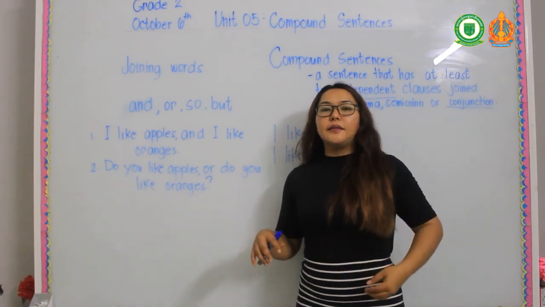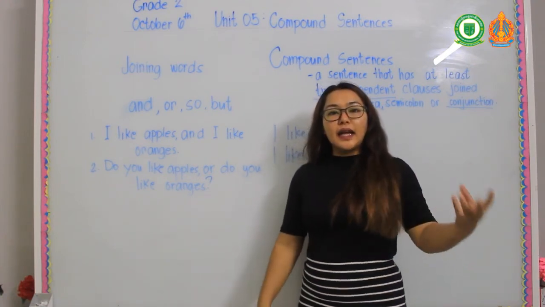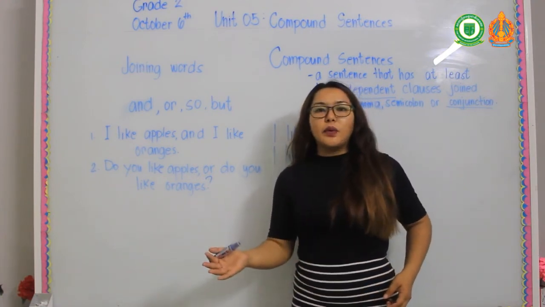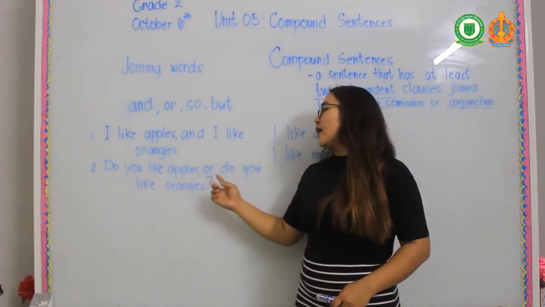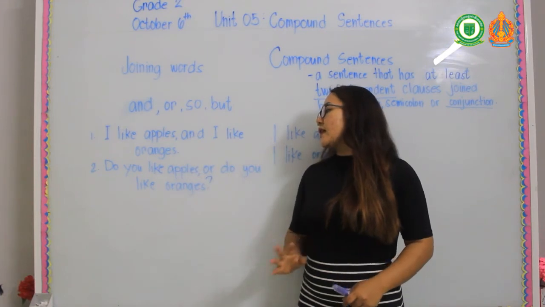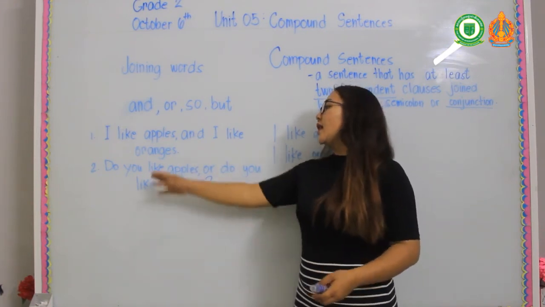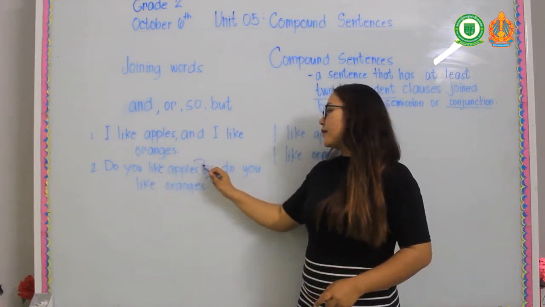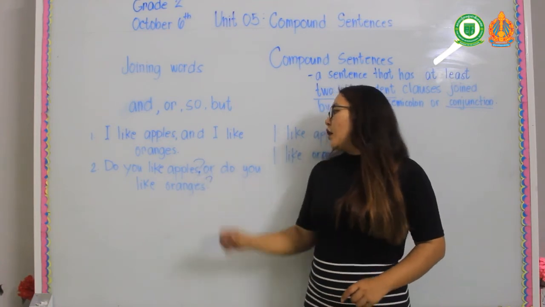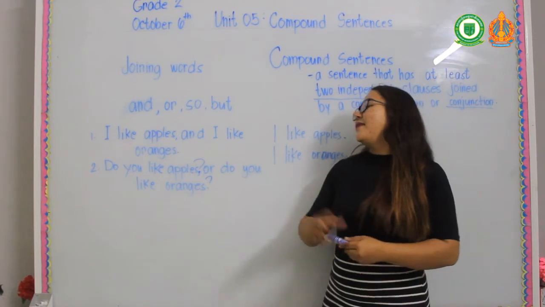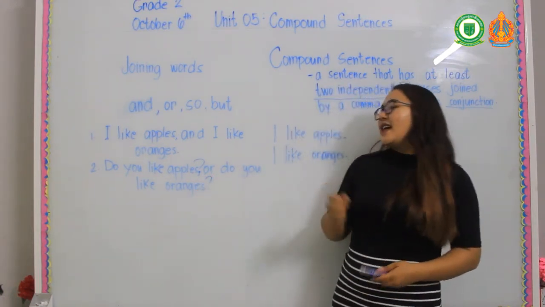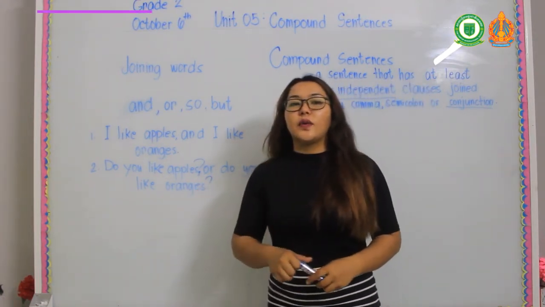Like it can be, I like both, I don't like both, I only like apples, I only like oranges. But this word here is joining two sentences or independent clauses. Do you like apples? Do you like oranges? So, makes sense? That's your joining word or.